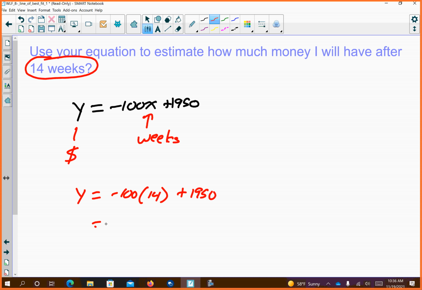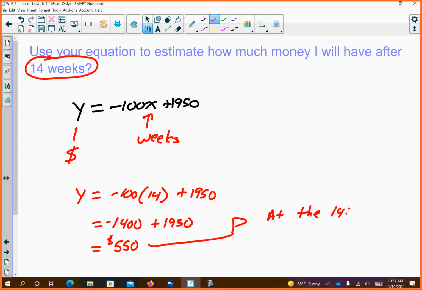That's negative 1,400 plus 1,950. If I subtract those, is that 550? So at the 14th week, we have $550 left in our account.